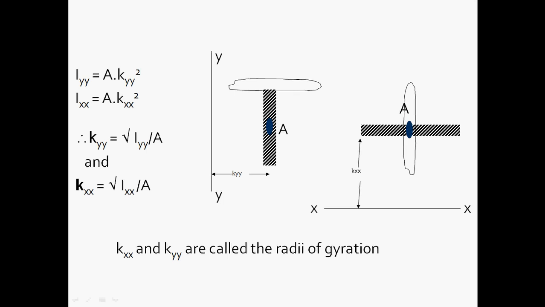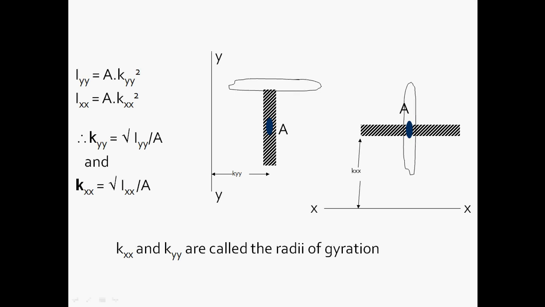Mathematically, Iyy is equal to A into Kyy squared and Ixx is equal to A into Kxx squared, where Kyy and Kxx are the distances from the y and x axes. So the radius of gyration about the y-axis is Kyy equal to the square root of Iyy divided by area.